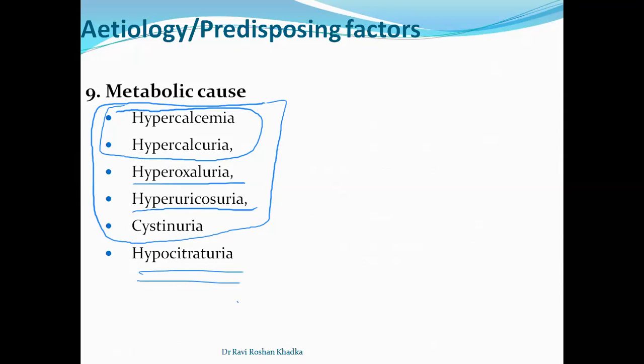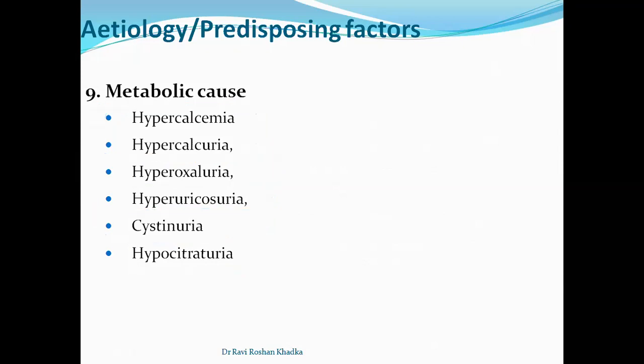So now what we can conclude is there are various factors which play a role in making a stone, and not all the factors are present at once in each and every patient. Some patients might be just obese, and excessive weight or obesity may be the cause. In other patients, it might be that they work outside in a very hot and dry climate, not drinking adequate water, and that might be causing stone formation.